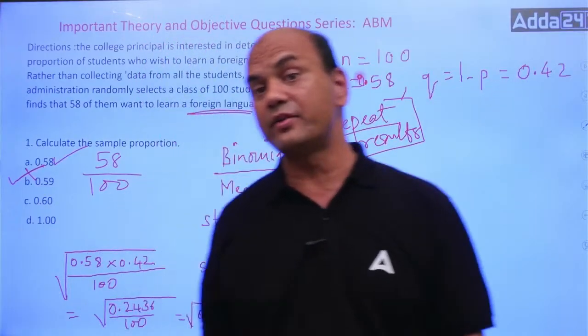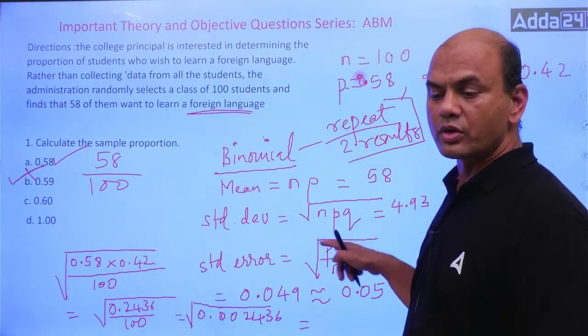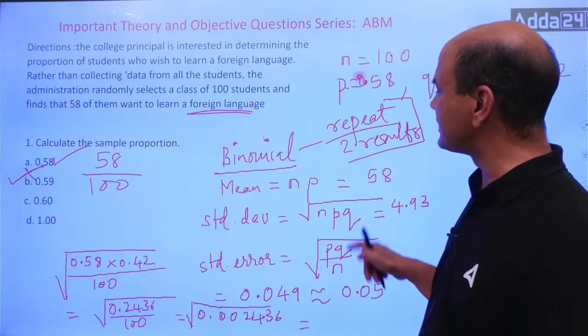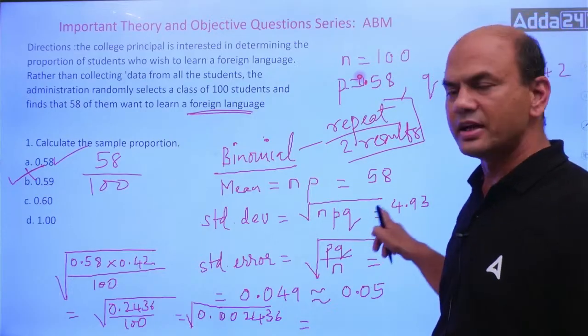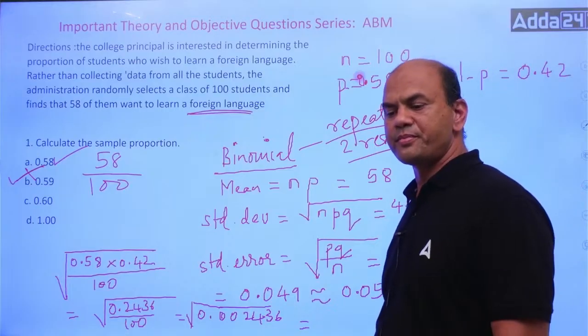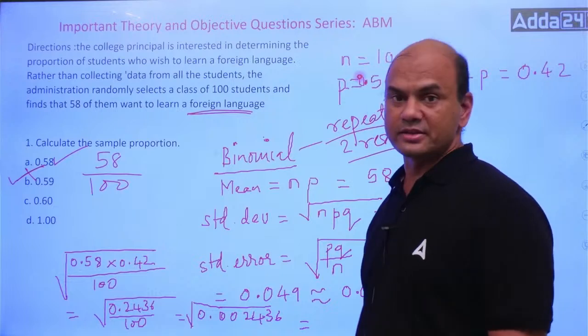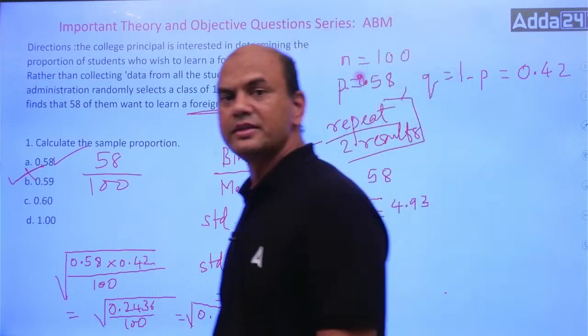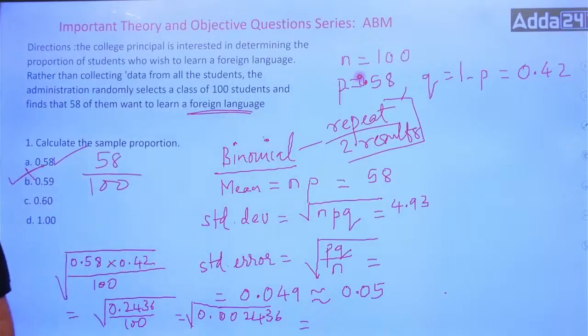And what is the standard deviation then? Root of NPQ. Square root of NPQ. So square root of, multiply this: 100 into 0.58 into 0.42. Multiply this and get the square root. Let me see, are you getting the same answer? Give me in the comment section, everyone.